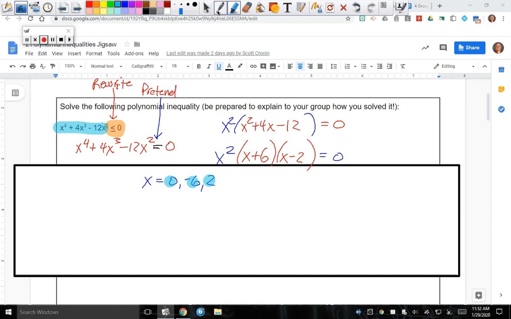Here we go. So we're going to do a sign test. We've done this before. We're going to put negative 6, 0, and 2. And we already know 3, because of this equals, again, we already know 3 of our answers. Now we have to find the intervals, the shaded regions per se, of when it's negative.